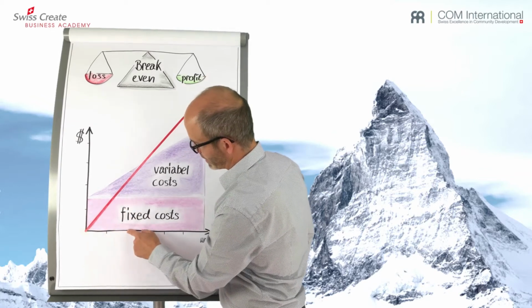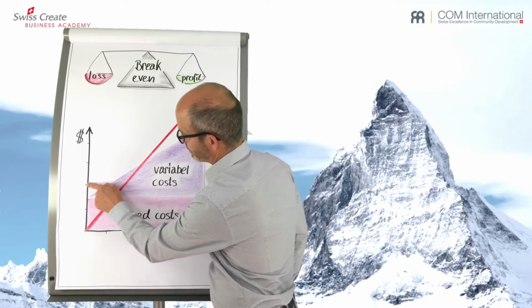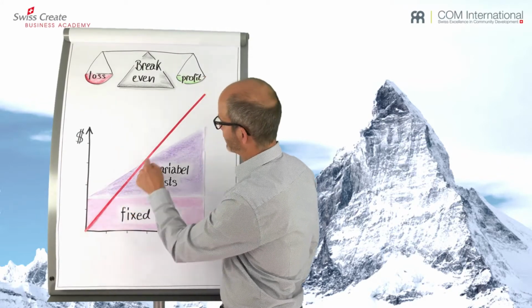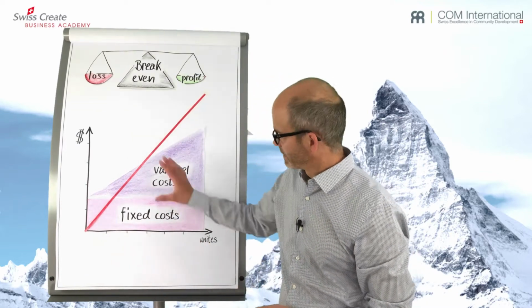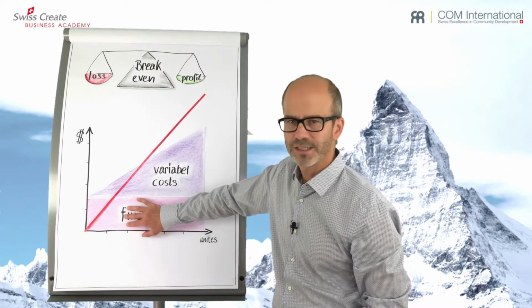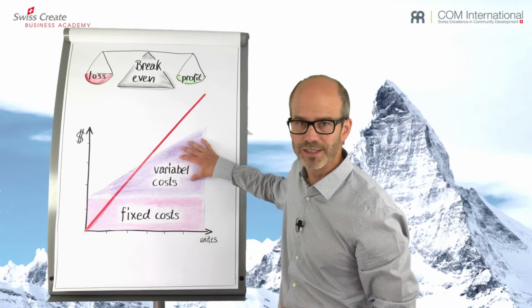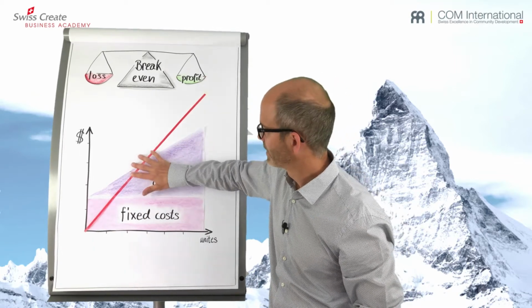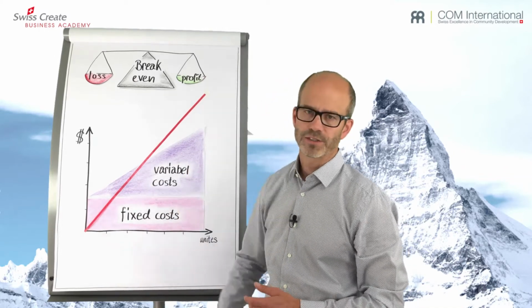If I sell 2,000 products, I will have double the turnover. So it's a straight line. And these are the three elements: the fixed costs, the costs because I am existing; the variable costs, the costs because I'm producing; and the turnover, which is increasing piece by piece sold.